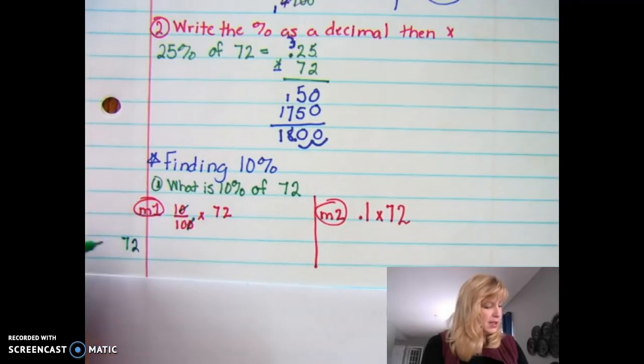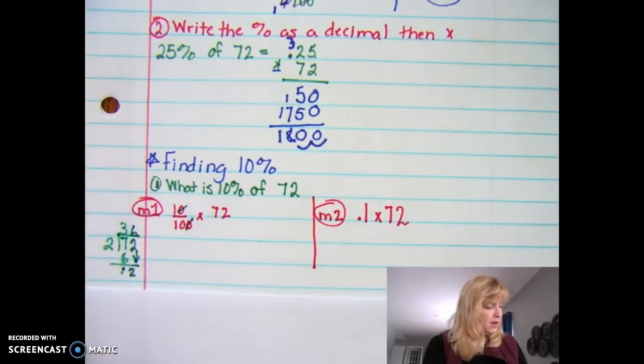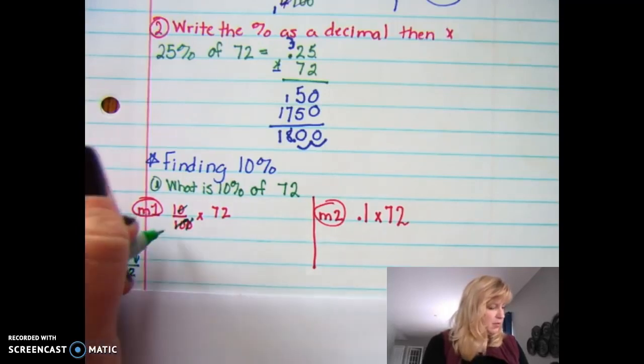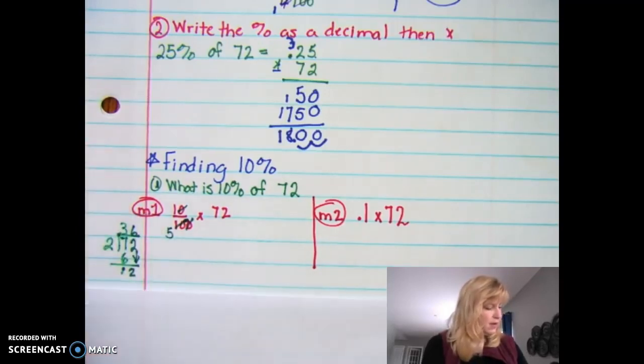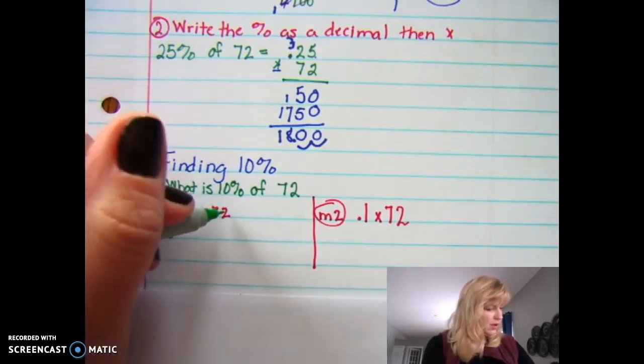So I'm going to go over to the side, 72 divided by 2. 3 times 2 is 6. Get the 1, bring down the 2. And this will be 5. And this will be 36.